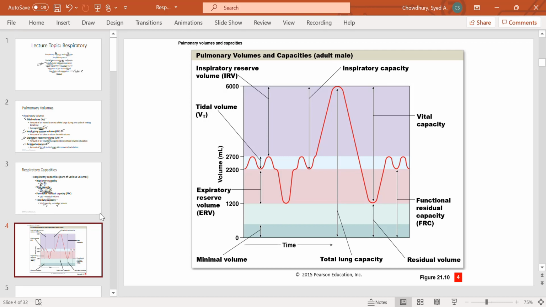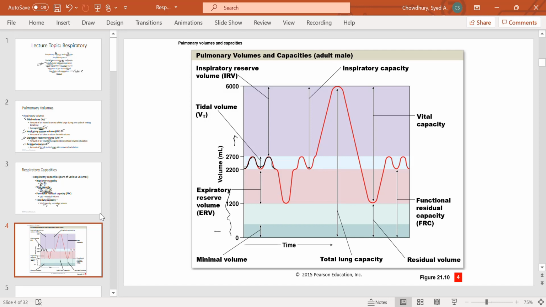Here you see the normal 500 milliliter tidal volume in normal quiet resting condition. We inhale and exhale. So you see the volume that remains in the lung this way, and this is how much we exhale and inhale.